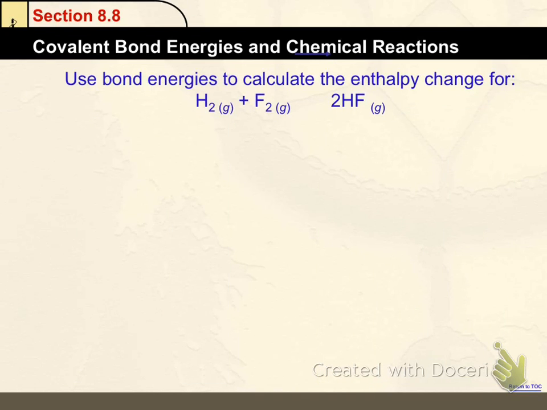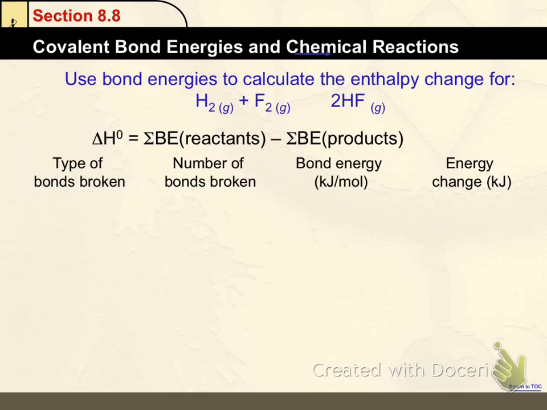All right. Here we go. So we're going to use these bond energies to calculate the enthalpy change for this particular process. Now, let's think about something first. We need to know the type of bonds broken, the number of bonds broken for that particular type, the bond energy for that breakage, and we're going to get that from the table, and the total energy change. So total energy change and bond energy are different because bond energy is dependent upon the number of moles.